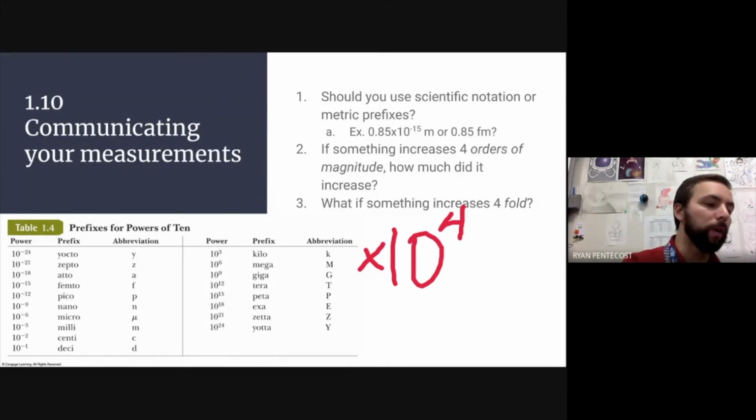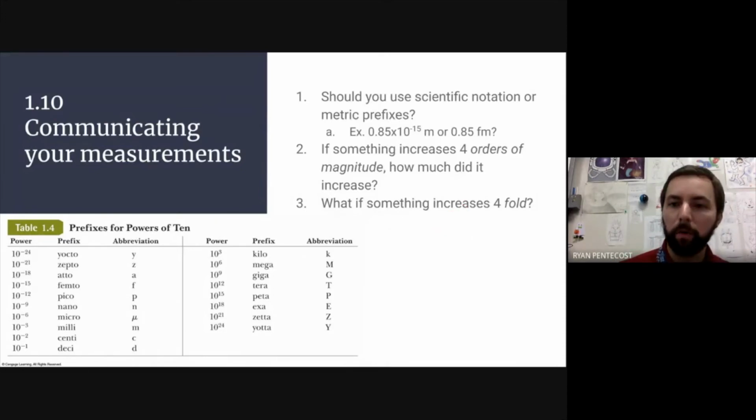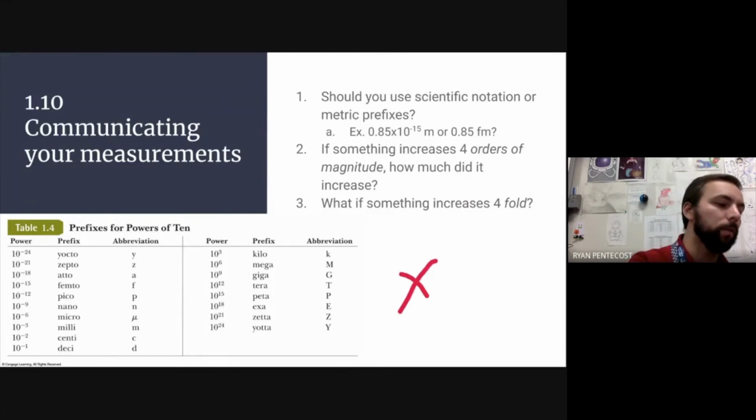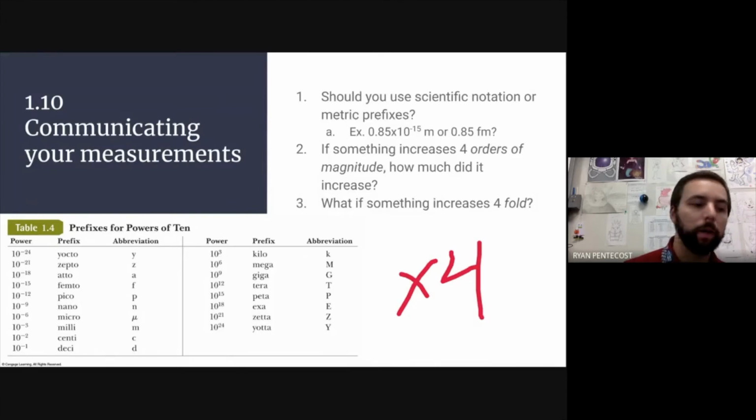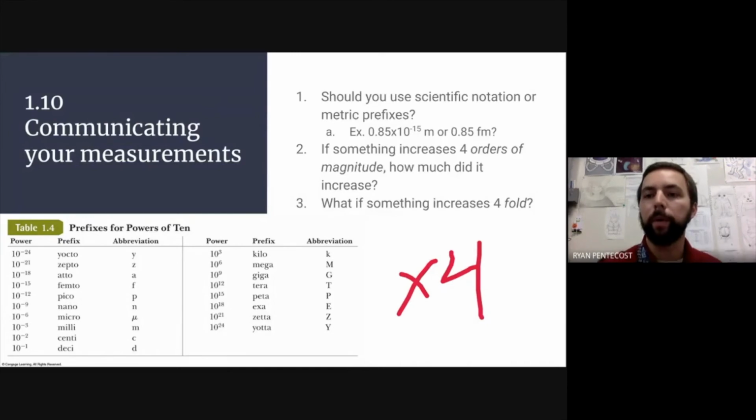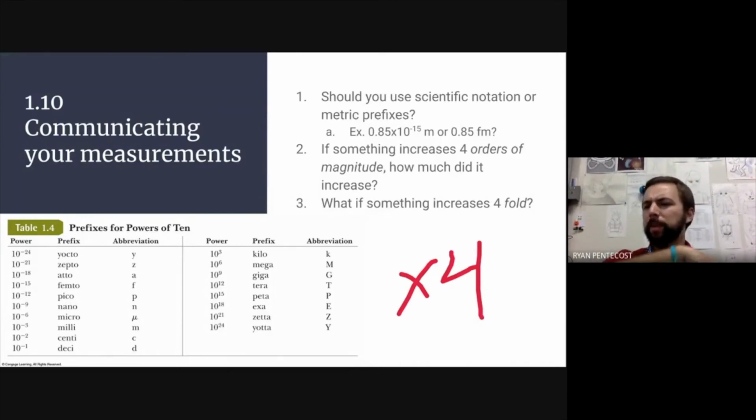Now, if you increase by 4-fold, that's very different. That means that you multiplied by 4. It's very different multiplying something, say, let's say you're investing, right? That's a big topic lately, especially with apps like Robinhood.